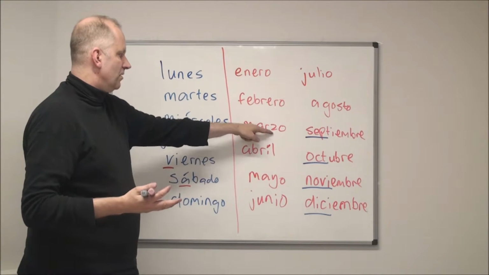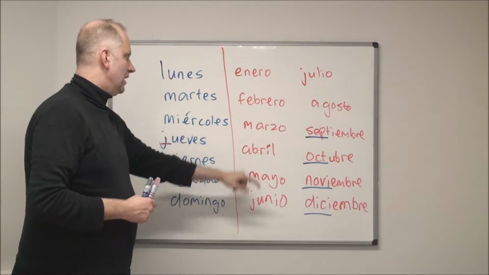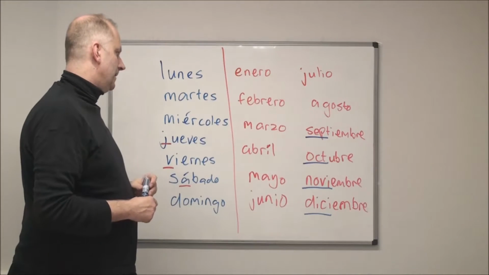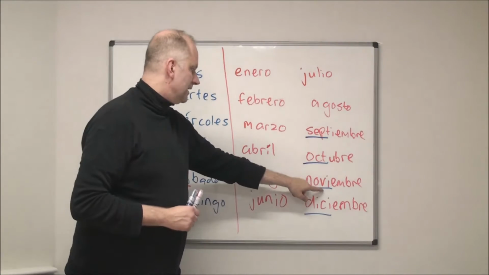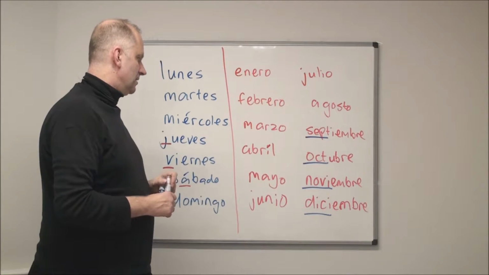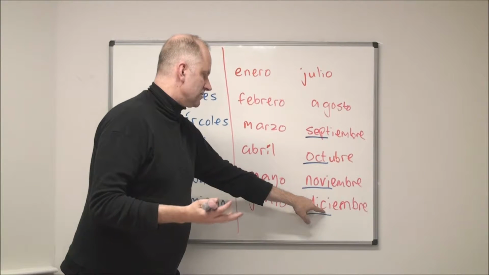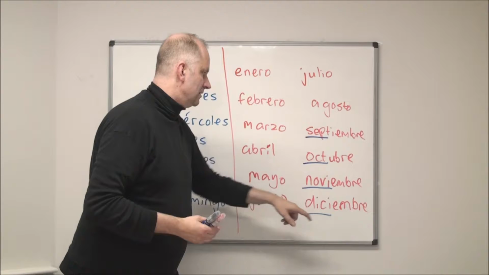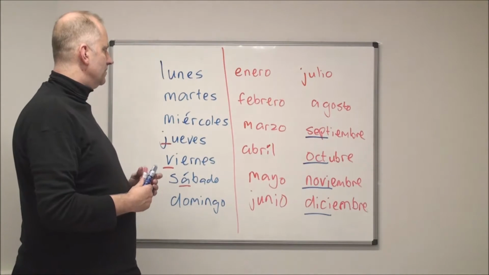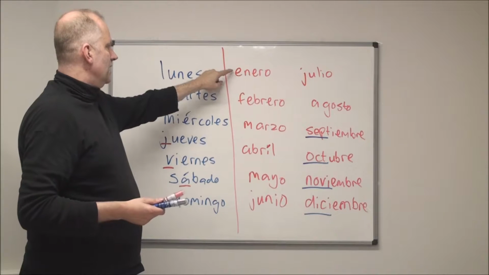Then we've got the J's in junio and julio, and the V in noviembre sounds more like a B, and diciembre, the C before the I is also a lisp. So I'm just going to run through it again and you repeat back.